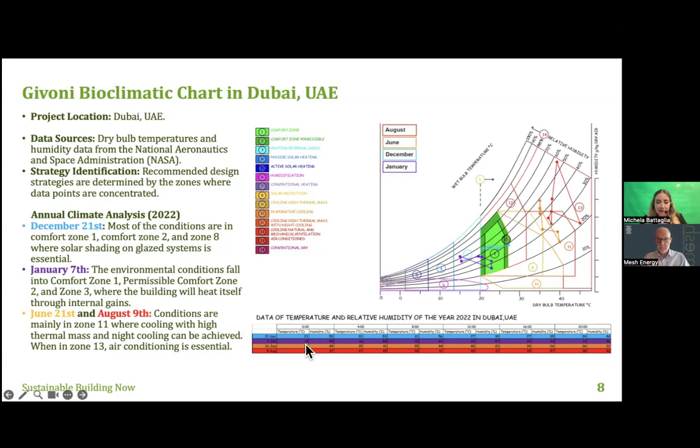For every day, I started to understand every 4 hours what the temperature and the humidity are. Let's make an example. For example, on the 21st of December, we have a temperature of 23 degrees with 50% humidity. And in this chart, I start to make this point.